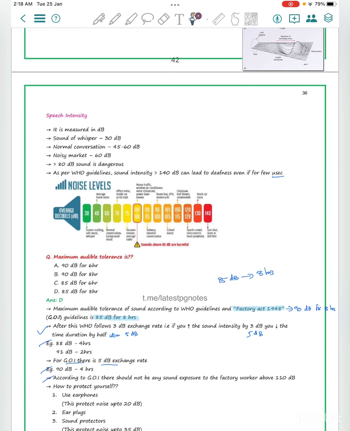In India as well, the maximum tolerable sound is 85 decibel for 8 hours. But as the sound increases, you need to decrease the time by 5 decibels according to Indian standards. But according to WHO, for every 3 decibel increase in the sound, the time duration will be reduced by half, whereas for India it is 5 dB.